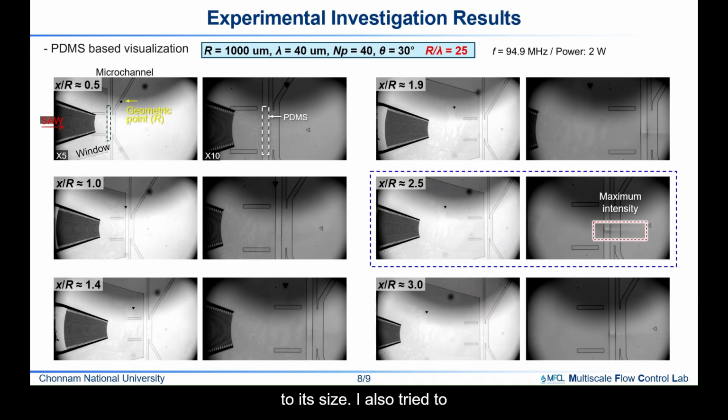I also tried to visualize it using PDMS. In this case, this microchannel was empty and this gap is PDMS. We observed an optical contrast in the PDMS, which was caused by refractive index variations induced by pressure changes from the acoustic wave.